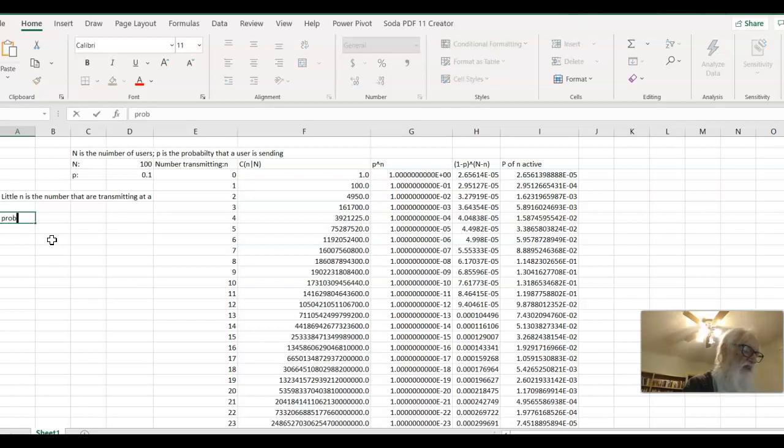So the probability that, say, 2 are sending, we get by first looking at all the possible 2 users who could be sending.